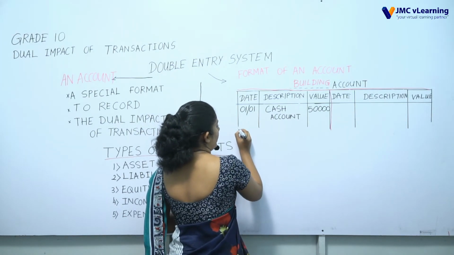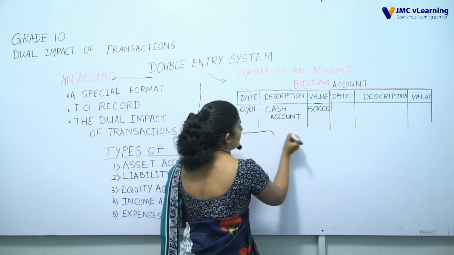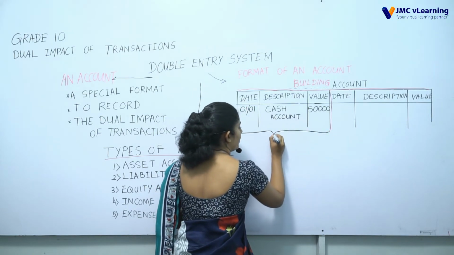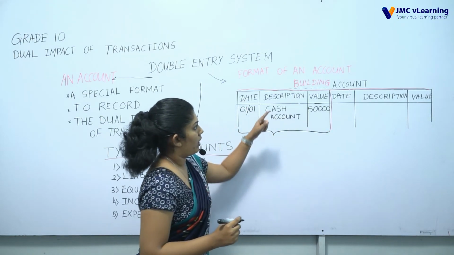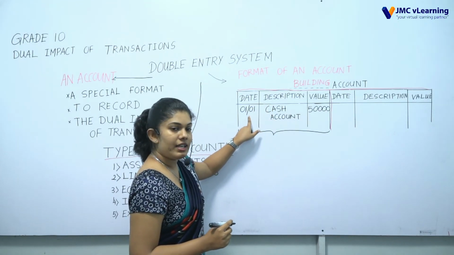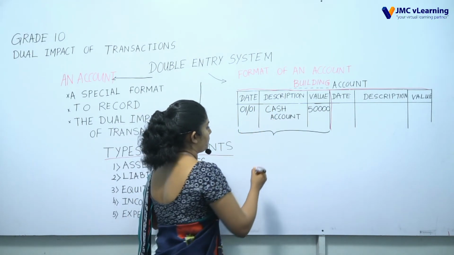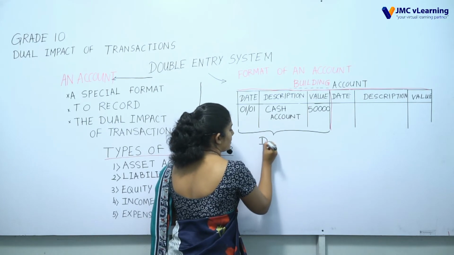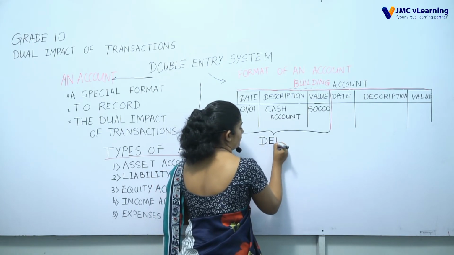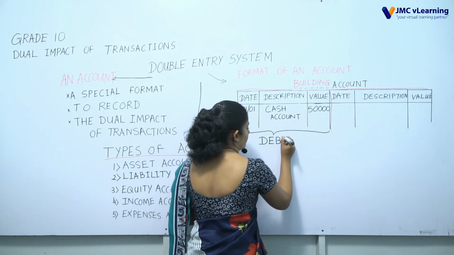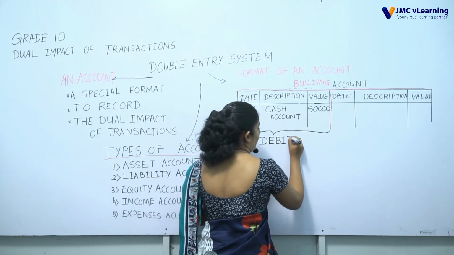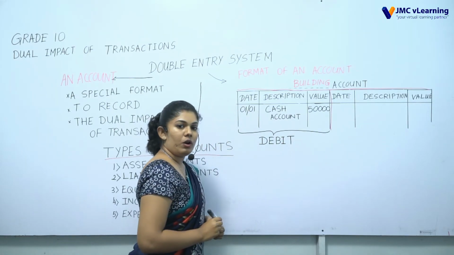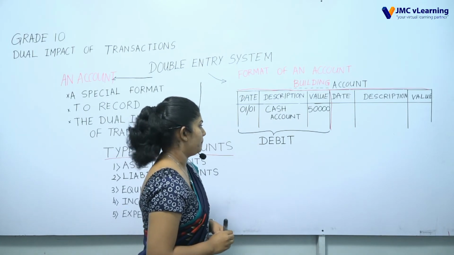This side of the account, that means left side of the ledger account, is called debit side. Left side is called debit side.